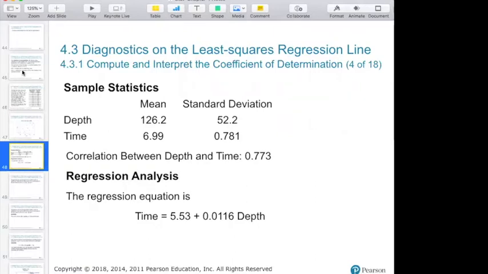And the correlation coefficient that we got there was 0.773. And we had the regression line. This is all stuff from last time. Our regression equation was that time is equal to, and we switched that order around a little bit. We had ax plus b, but remember, now we've changed our regression line just a little bit.